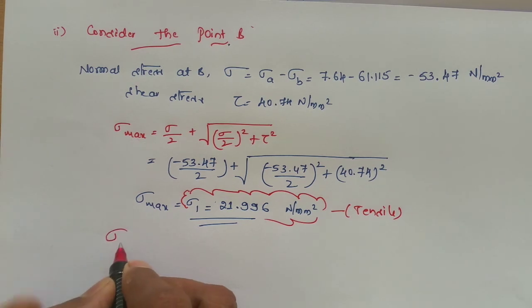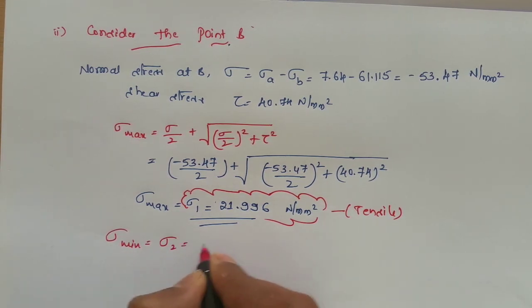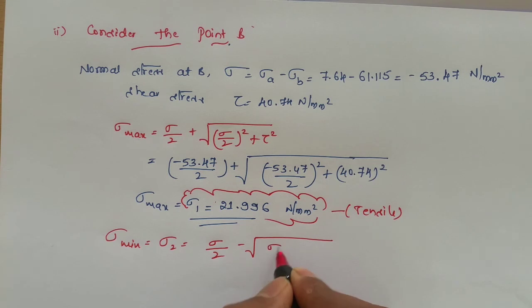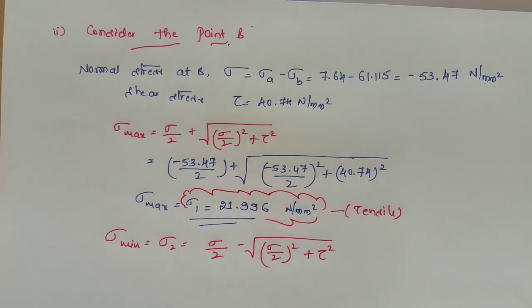Now similarly I'll find the minimum principal stress, that is sigma 2. The formula remains the same, only instead of plus we have to take the minus. So sigma 2 is sigma by 2 minus the square root of (sigma by 2) whole square plus tau square.